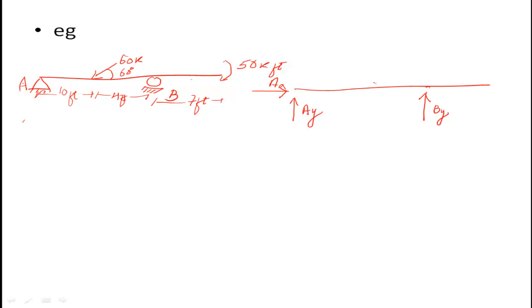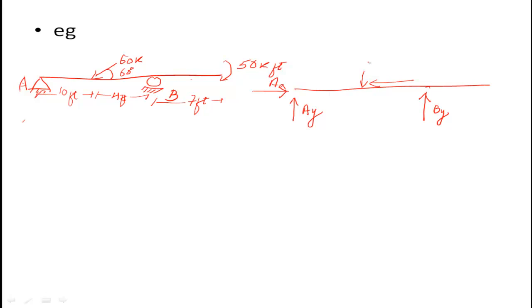You have the load here, which we have to show like this now, because as the figure shows, the 60k force has to be resolved into x and y components. The 7 feet dimension line is not needed, since a couple moment is a free vector and can therefore act anywhere on the beam for the purpose of computing the external reactions.